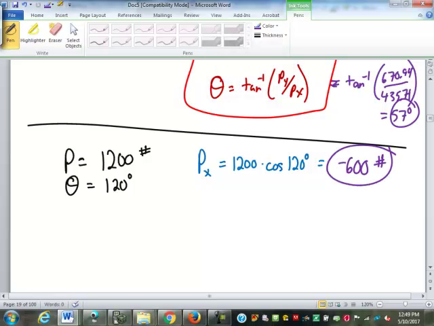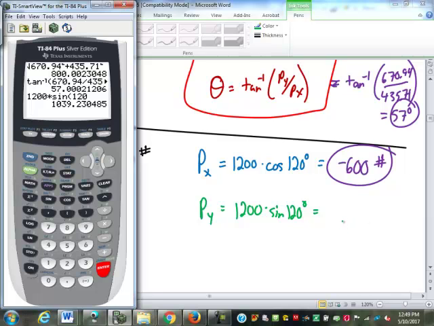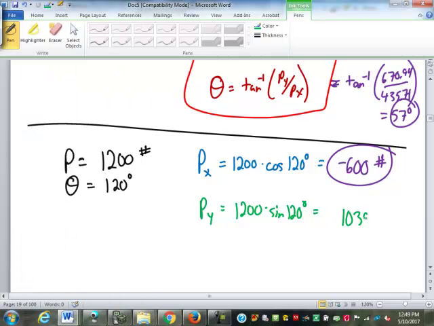You'll get a negative 600 pounds. We'll interpret that in a second. Py is 1,200 times the sine of 120 degrees, which is 1,039.23 pounds.